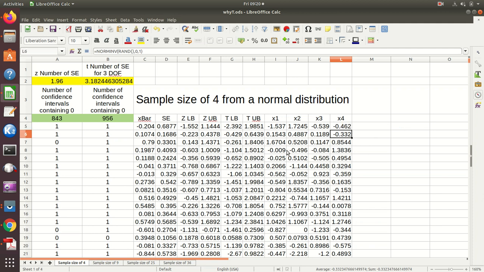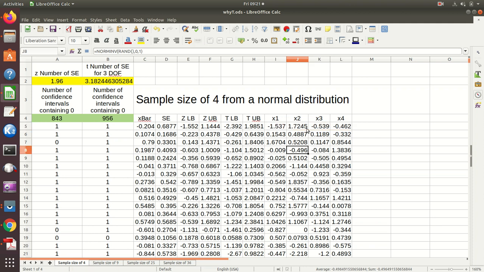And as you look at some of these numbers, you see a 0.1, here's some negative numbers and so forth. Now, I did not take the average of all of these numbers, nor the standard deviation of all of these numbers. I have 4,000 numbers because I took a sample of 4, and I did that 1,000 times.